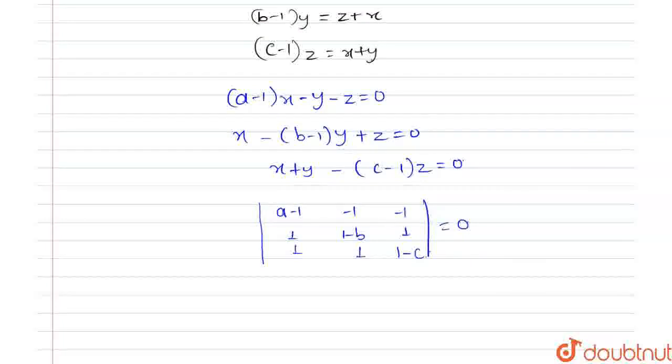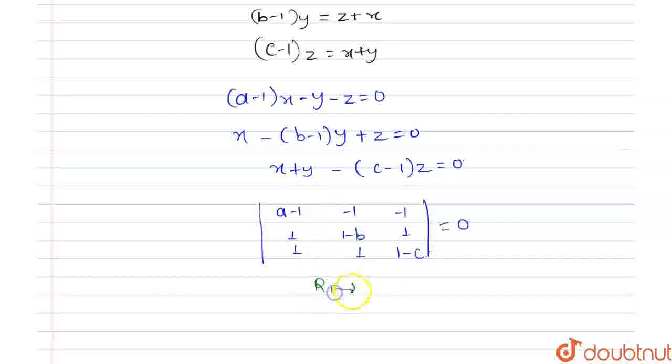First of all we have to apply row operations so that we can open this determinant in a very easy manner. We apply row operations on the first row and second row.